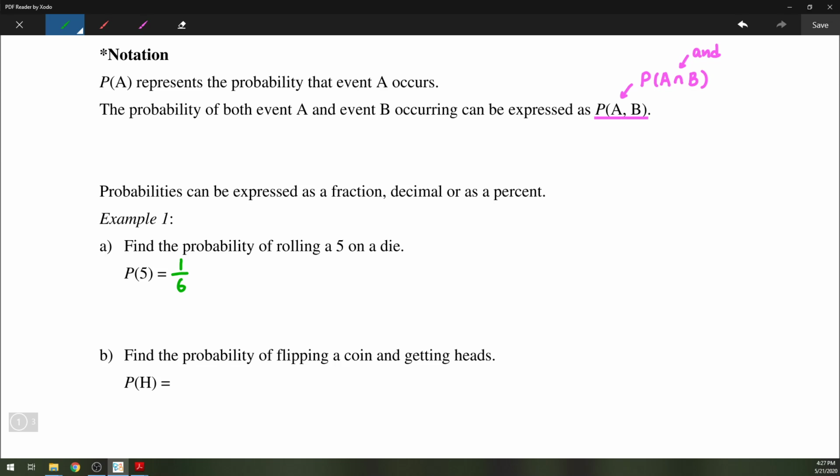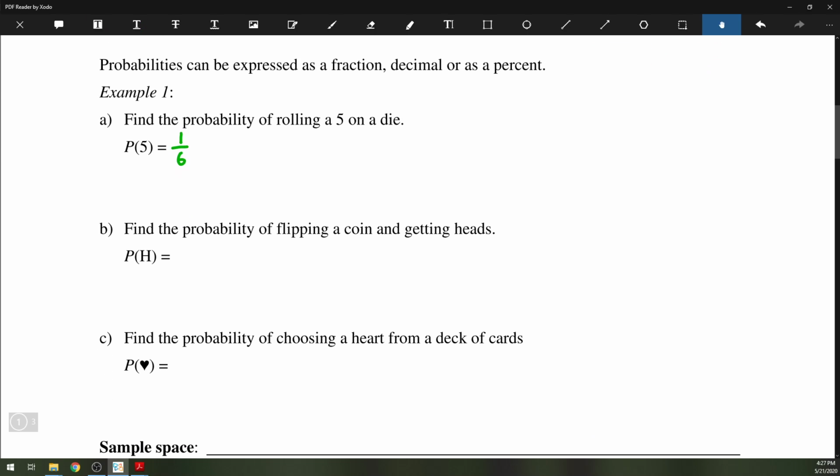Flip a coin and getting heads, that would be 1 in 2, right? Because it's either heads or tails. Probability of choosing a heart from a deck of cards. So if you just randomly choose one card, well, there are 13 hearts in the deck of cards out of 52 cards. So that could be reduced to 1 out of 4, which makes sense because there are 4 different suits, spades, hearts, clubs, and diamonds, and each one has 13 cards.